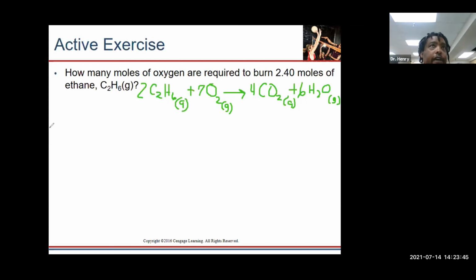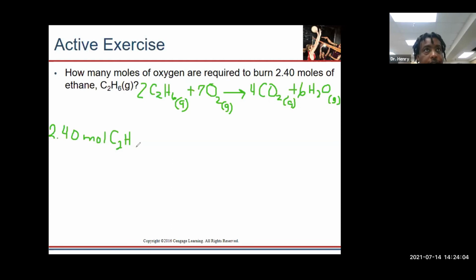Okay, so if I have 2.40 moles of ethane, how many moles of oxygen are going to be needed to react with it?